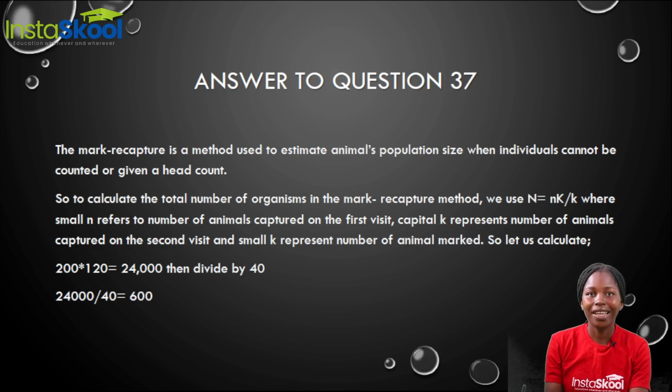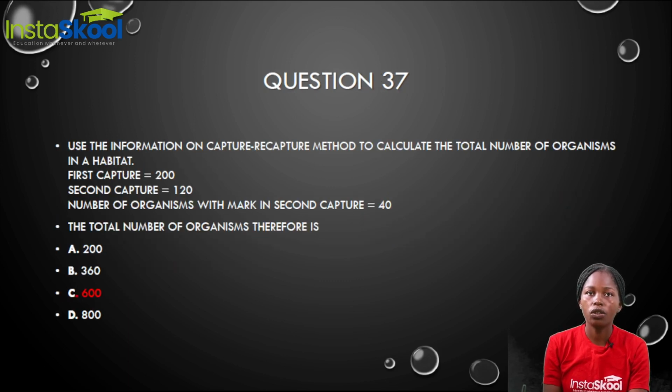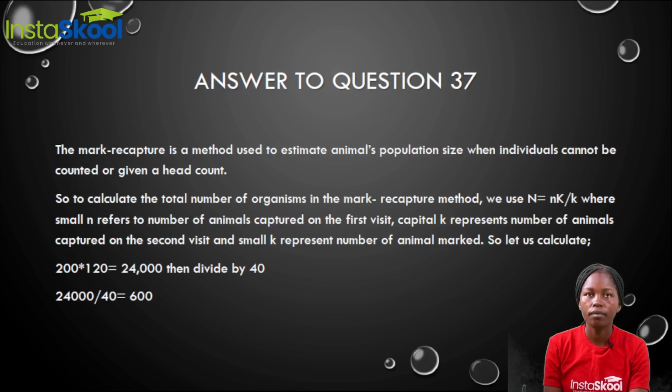Then we divide it by small k, that is, the number of animals that are marked, which is 40. And this gives us 600. That means our answer is option C, 600. That's the total number of organisms.